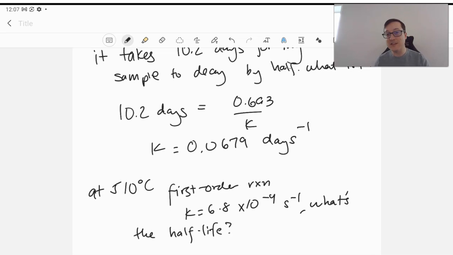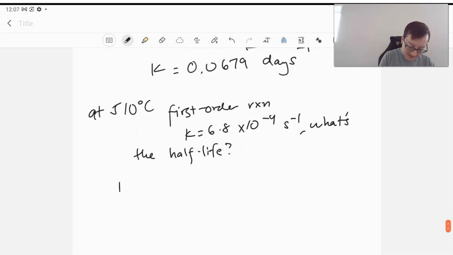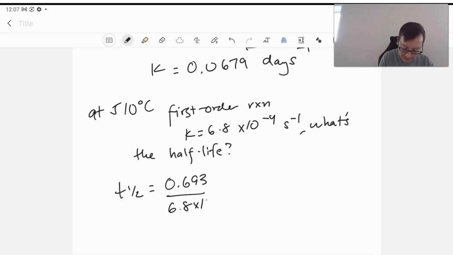It's nice when I get to use the same data set for a bunch of different examples. It makes it easy on me. Simply, the half-life is 0.693 over 6.8 times 10 to the negative 4 inverse seconds.